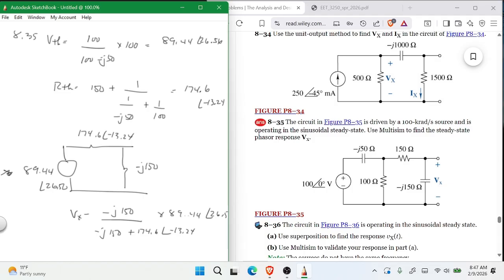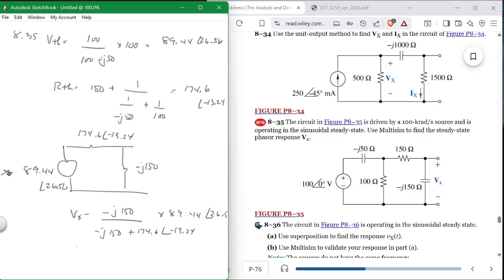What is your answer? The answer for Vx is 66.266 at angle minus 30.52.